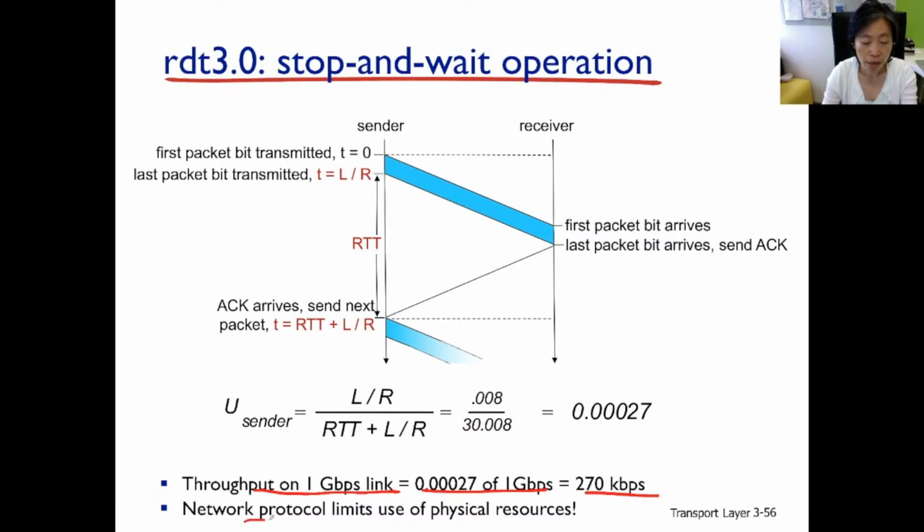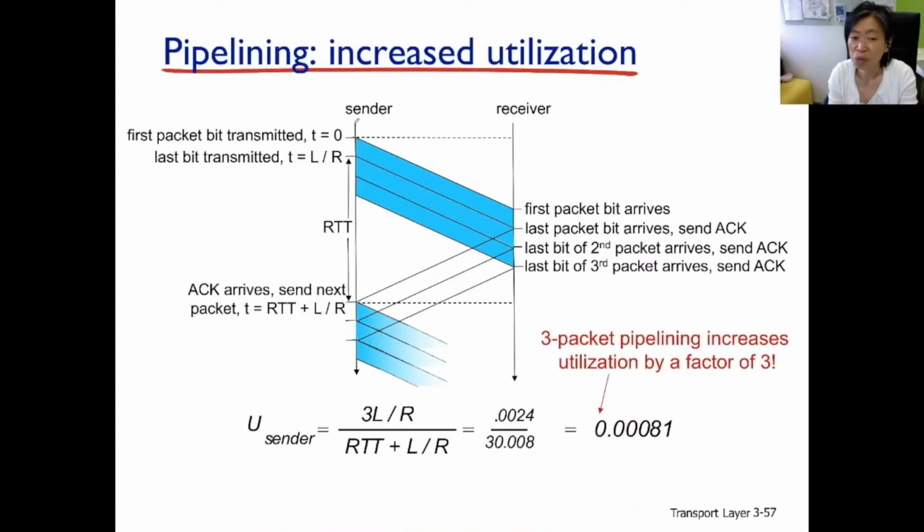So you see here, RDT 3.0, although the design works, limits the use of the physical resources. We're only sending one packet and then stopping and waiting until we can send another one. Now that I show this plot, obviously to increase the utilization, we send multiple packets per round. Indeed.